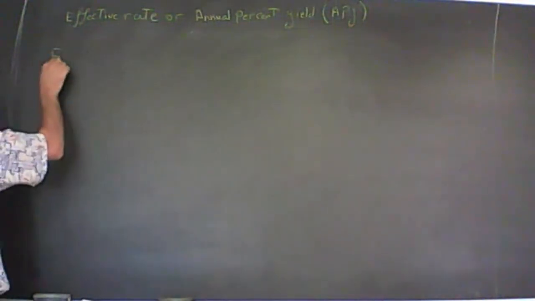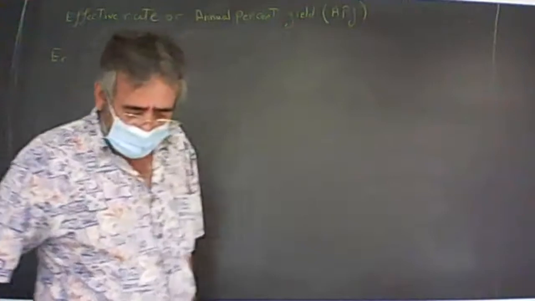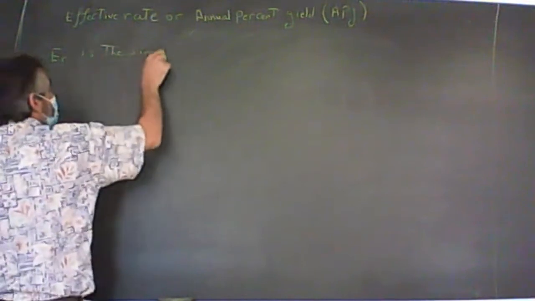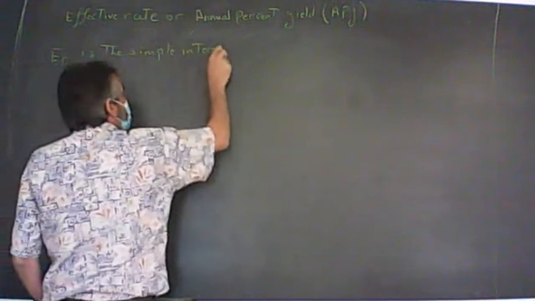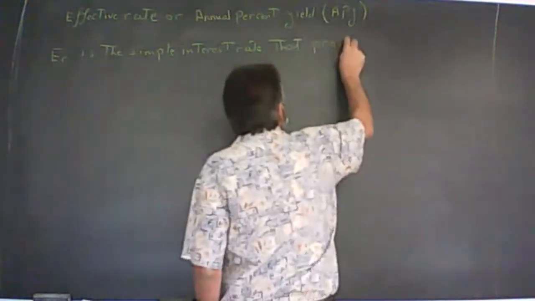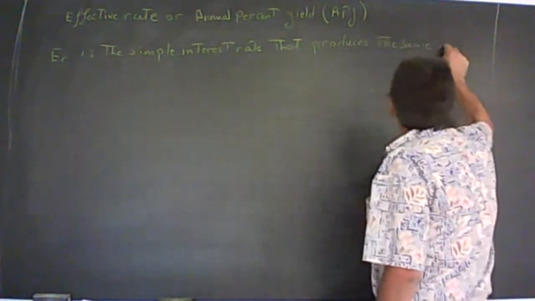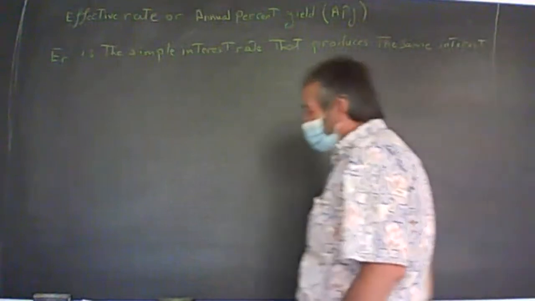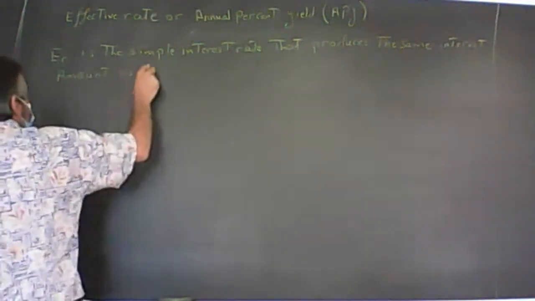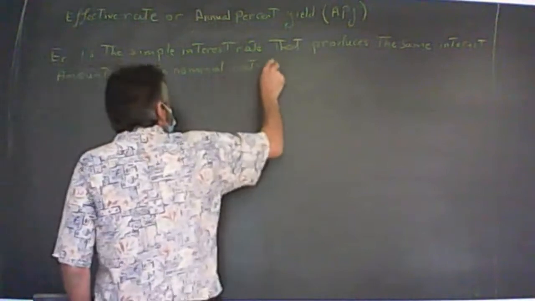Okay. So effective rate, by definition, is the simple interest rate that produces the same interest amount as the nominal rate in 1 year.